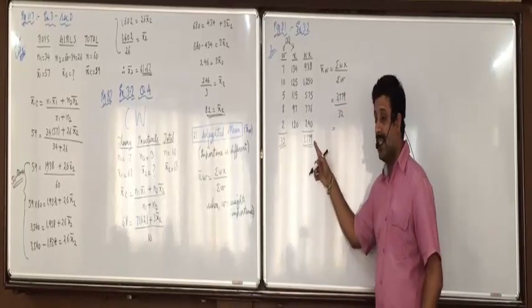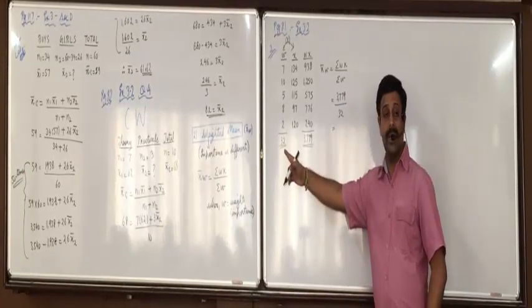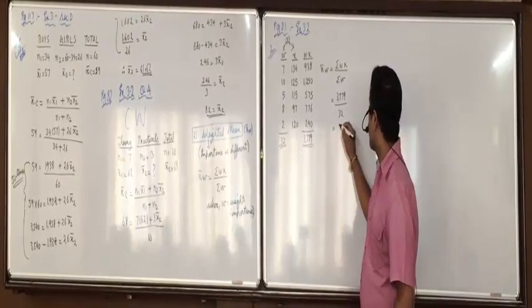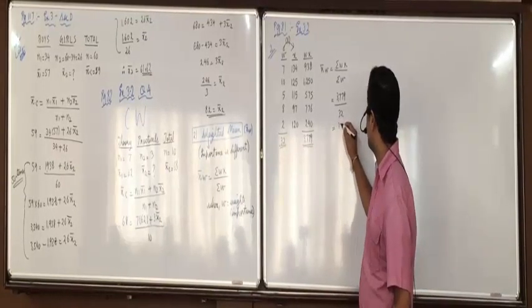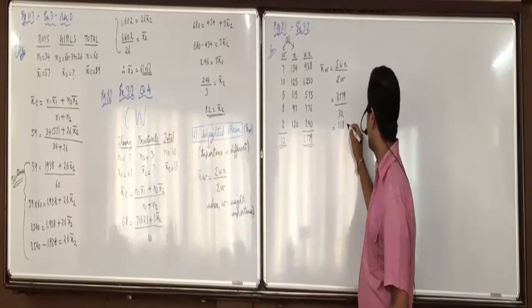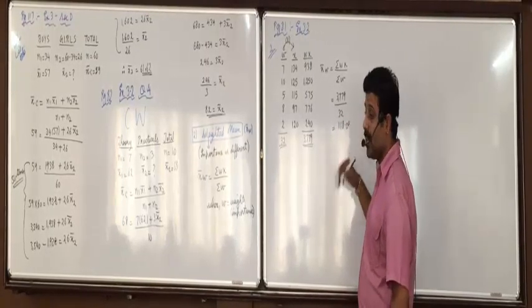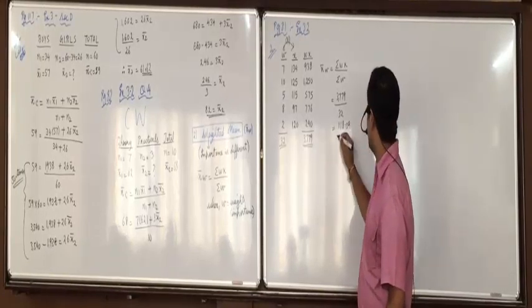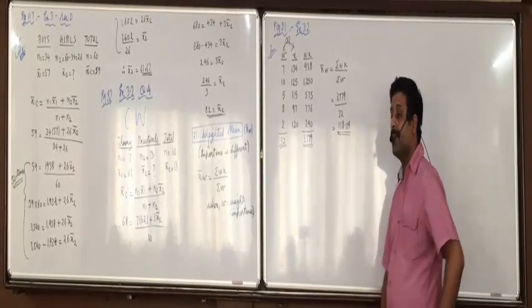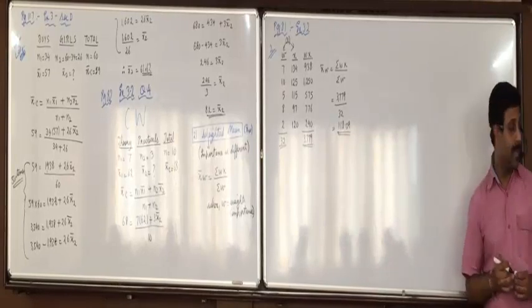Sigma Wx 3779 upon sigma W is 32. That is 118.09. Any confusion in this?